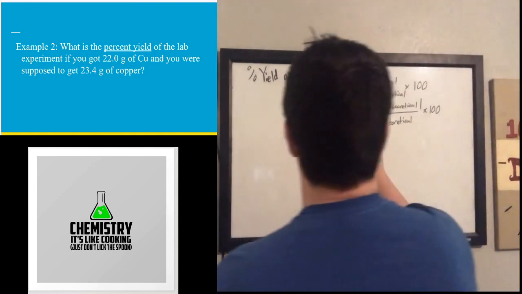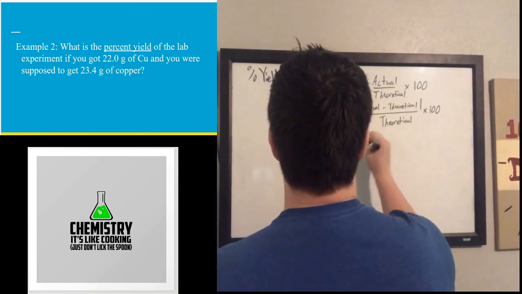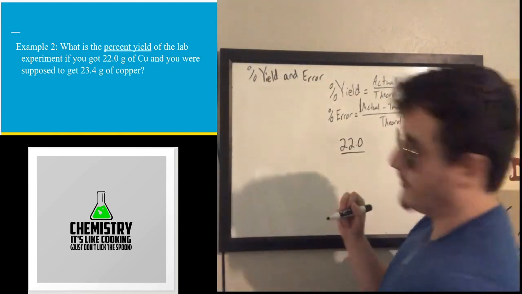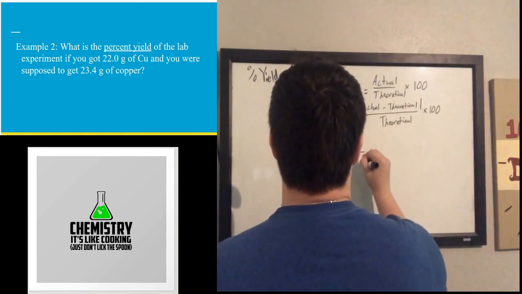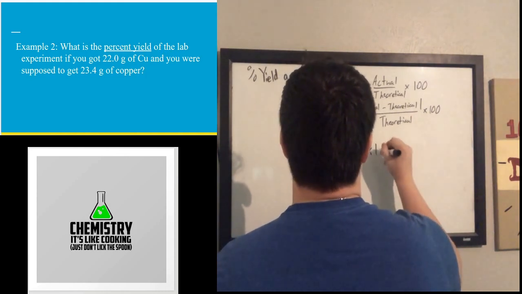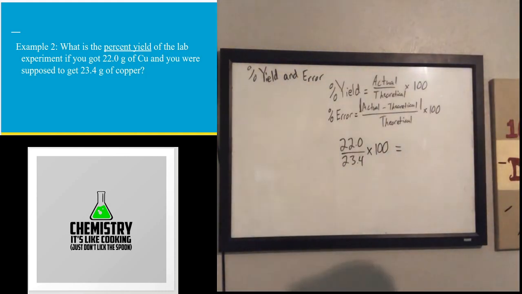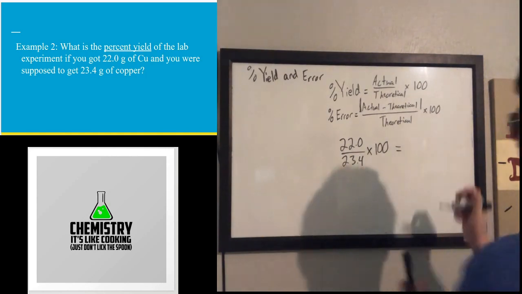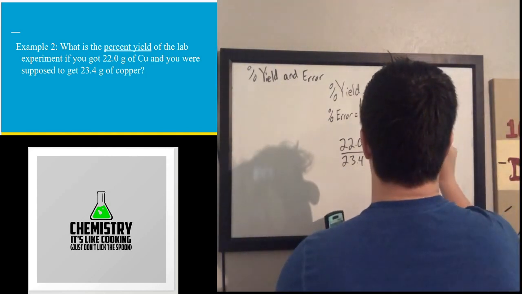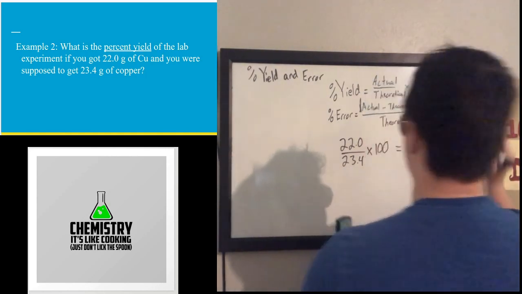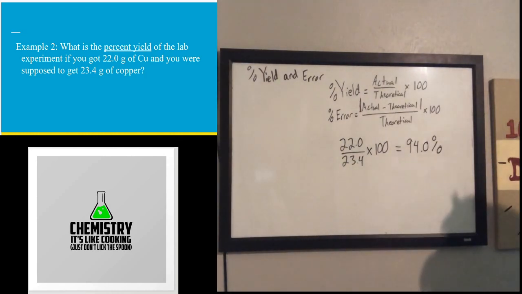The 22 is going to go on top, and the 23.4 is going to go on bottom. Just like with percent error, we are going to end by multiplying by 100. Simply plug and chug into your calculator. And we get 94.0%. We made 94% of what we expected to.